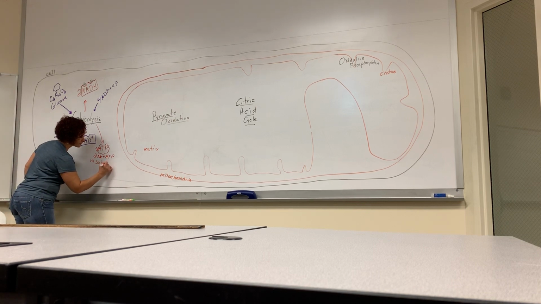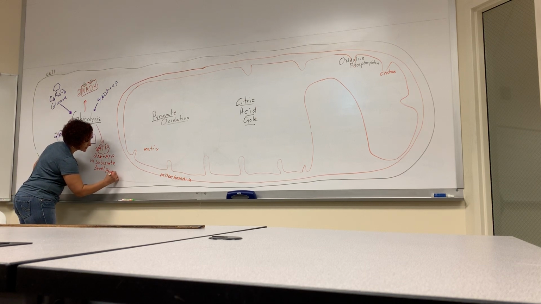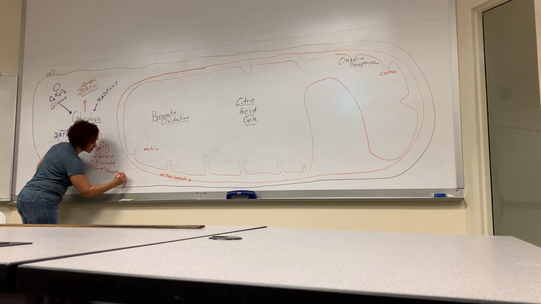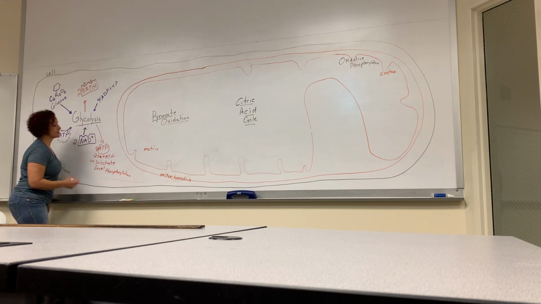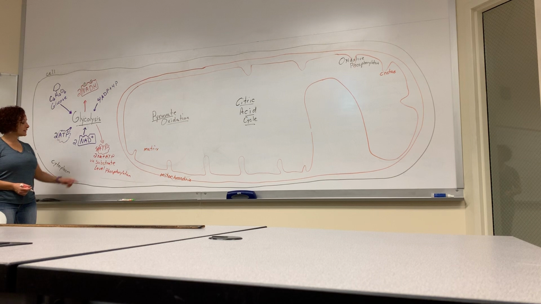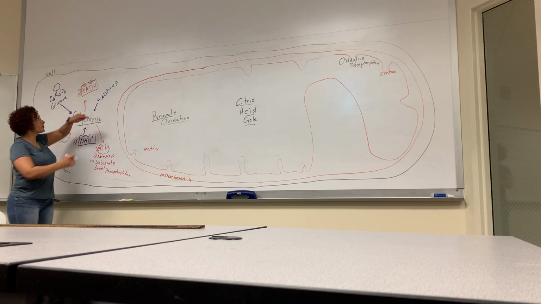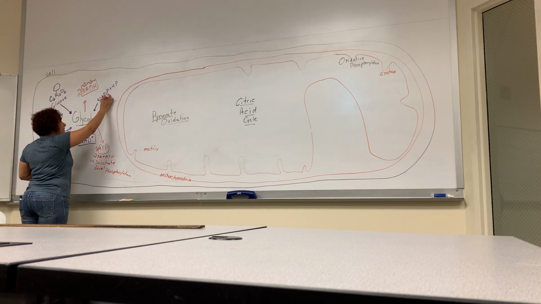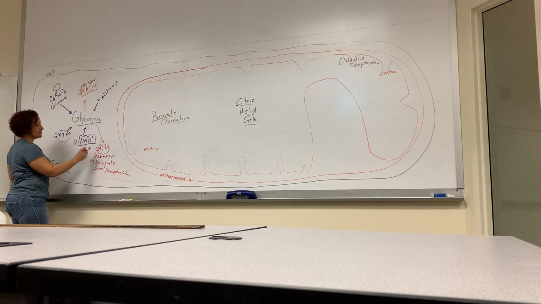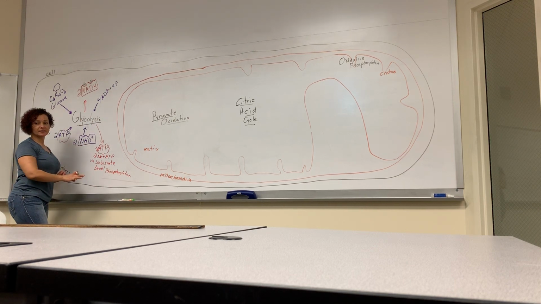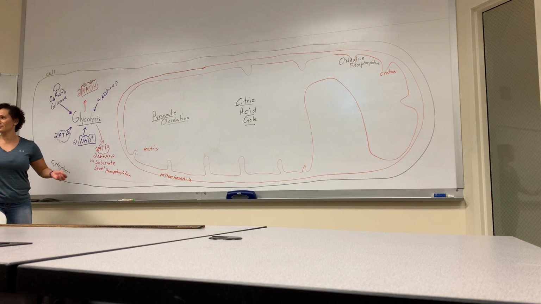Substrate level phosphorylation. That means there's going to be enzymes involved and a substrate molecule in order to bond the ADP and the 4 Ps together to make 4 ATP. It's real simple. It's a scary set of words. Don't let it scare you. It's just a set of words.